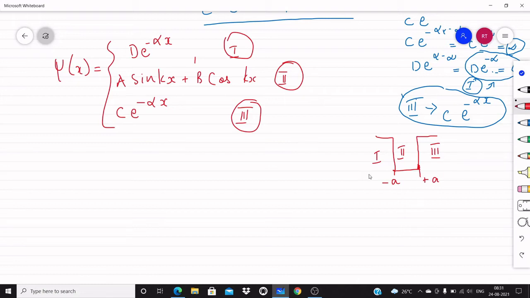The continuity property should be satisfied in the case of the derivative of the wave function as well.